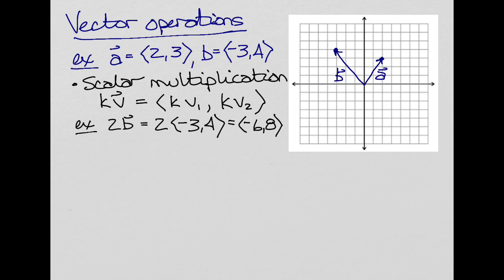If I draw that vector, -6 and 8 is about here, because I have 7 little blocks on my graph here. Here's the vector 2b. And you might notice it's in the same direction as b, and its magnitude is 2 times the original magnitude.